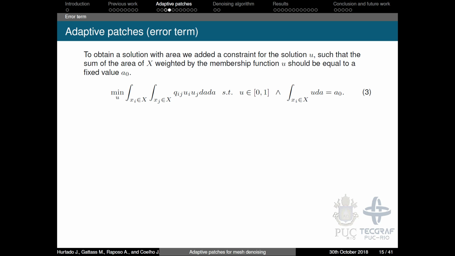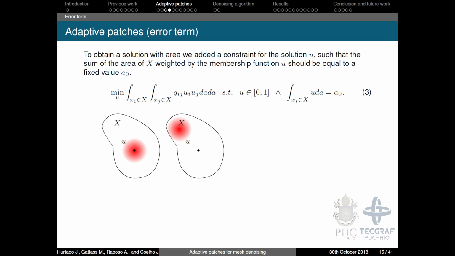So this is a fixed value. All patches will have the same area. So this is a patch, but we can have a solution. The black point is the reference point. We can have a solution far from the reference point, or a more complicated, irregular solution like this.